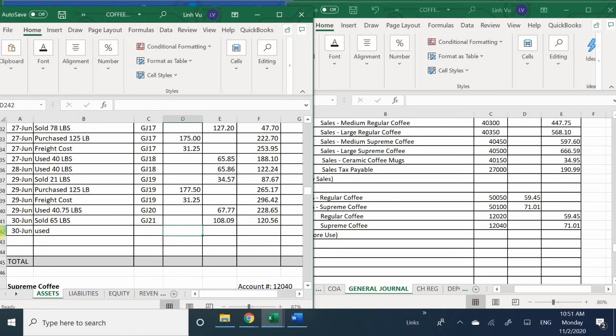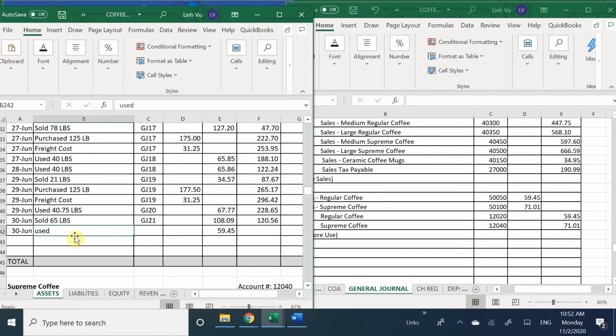All right, that will be your total. But where? On the credit side or the debit side? Debit. Why debit? Because it's an asset. Are we increasing our inventory or are we decreasing our inventory? Decreasing. Okay, so is that a credit or a debit? Credit. It's a credit. Okay, so for 59.45.